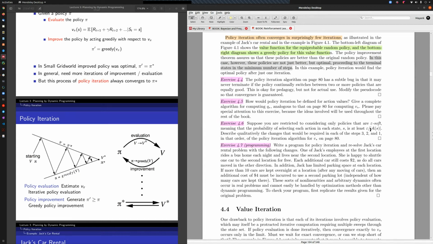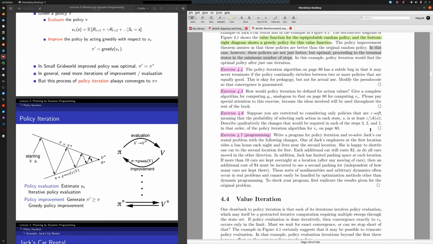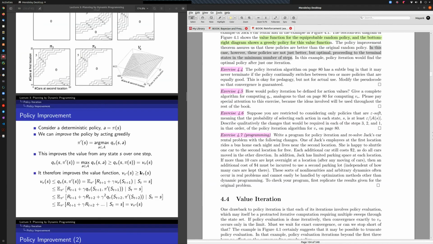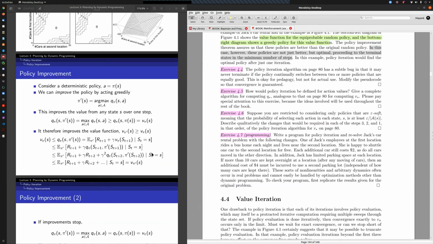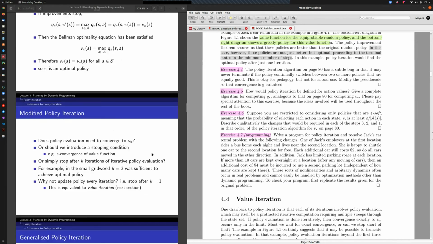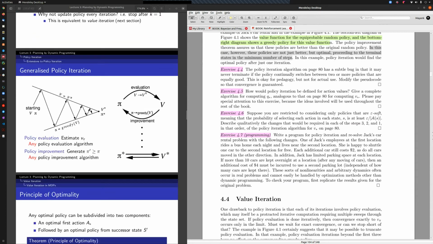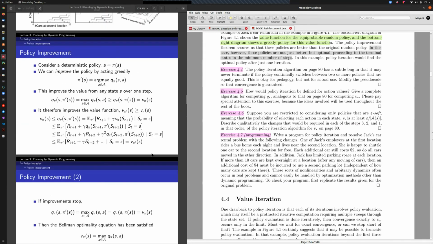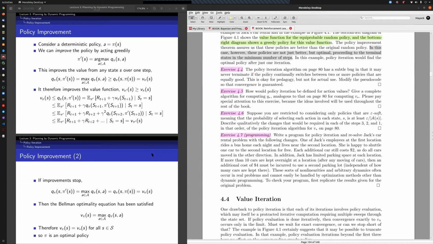I haven't solved them, but any more queries, or should we delve into the exercises here?